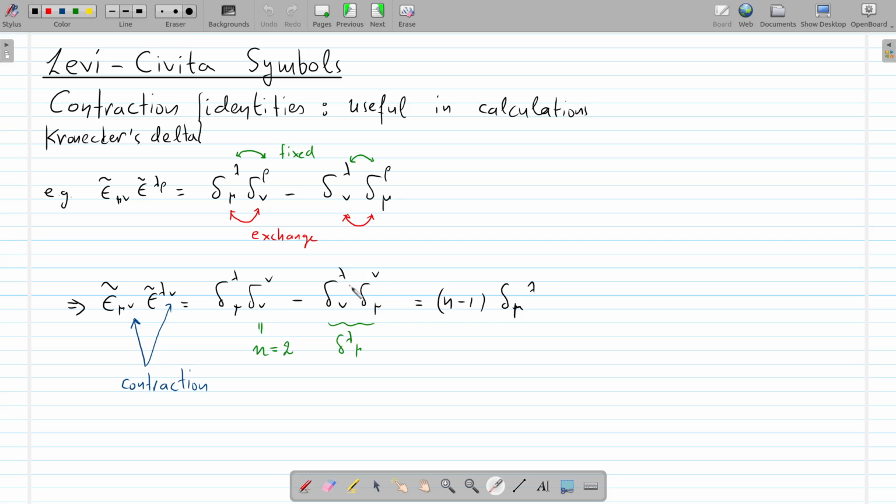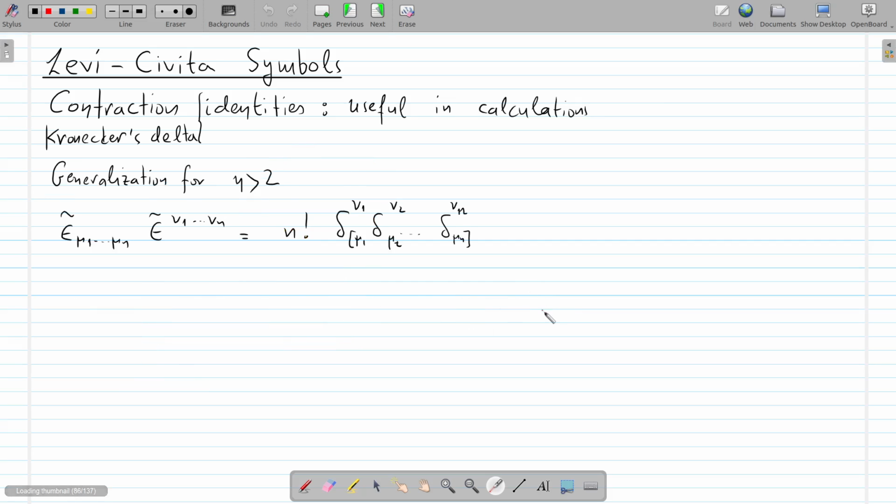So we will have again delta lambda mu. So the end result is n minus 1 times delta lambda mu. So without proving it, but just stating it, the epsilon square identity generalizes for any value of n.